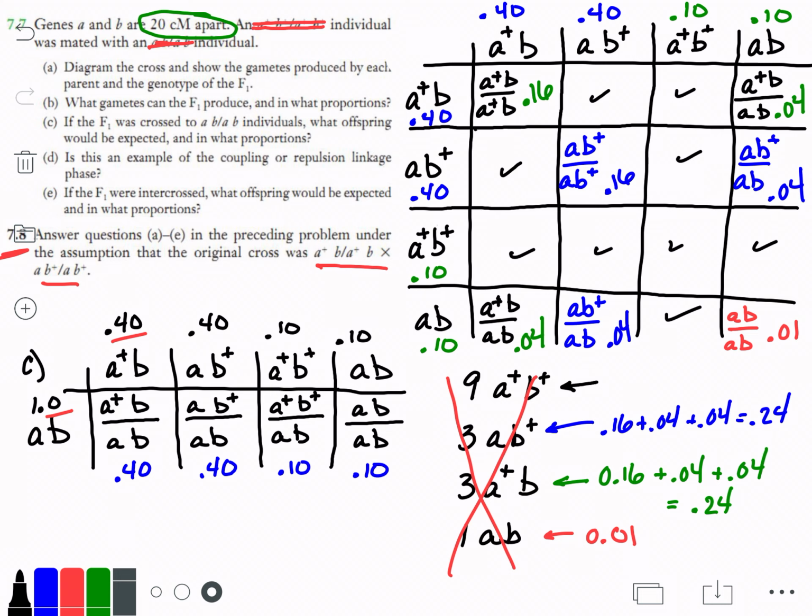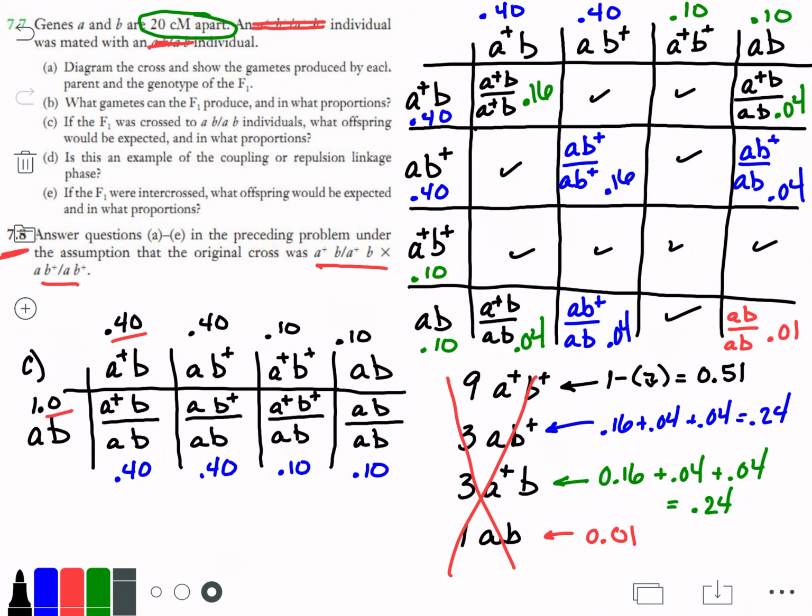And I can add those all together. Or I can simply say it's 1 minus everything else. So 1 minus 0.24 for the blue category, minus 0.24 for the green category, minus 0.01. And if I've done that correctly, I think I'm going to get 51% of the total.